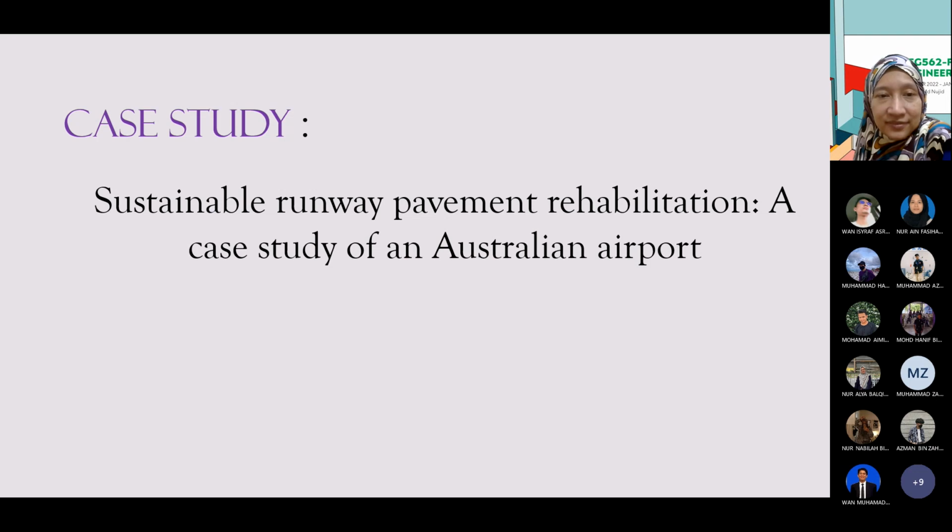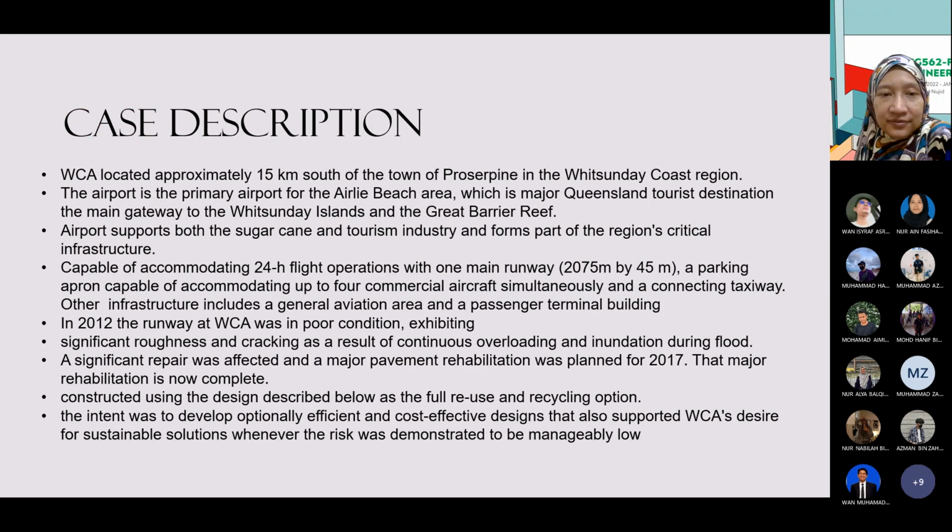The case study is sustainable runway pavement rehabilitation, a case study of an Australian airport. For the case description, WCA is located approximately 50 kilometers south of the town of Proserpine in the Whitsunday Coast region. The airport is the primary airport for the Airlie Beach area, which is a major Queensland tourist destination, the main gateway to the Whitsunday Islands and the Great Barrier Reef.